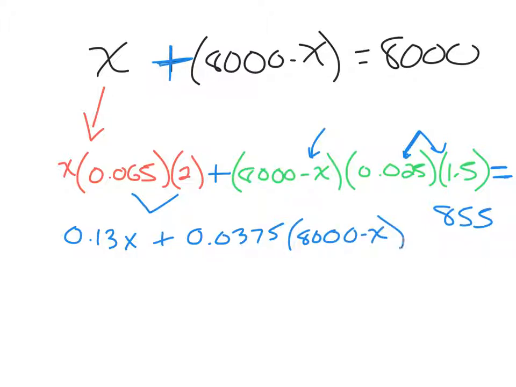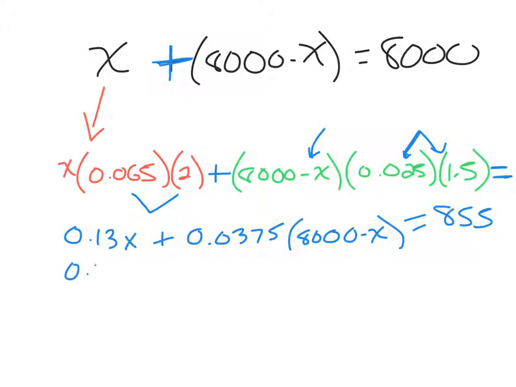What we're actually going to have to do there is use our distributive property to go ahead and remove those parentheses around the 8,000 and the x. And then we'll have to combine like terms, just like we've been doing with our linear equations so far. So what I'm going to do is go ahead and do that. We know that that's all equal to our total there, $855. But let's go ahead and remove those parentheses.